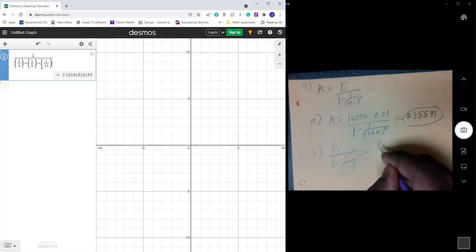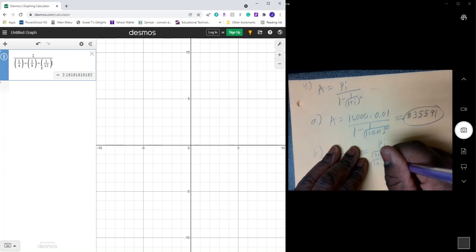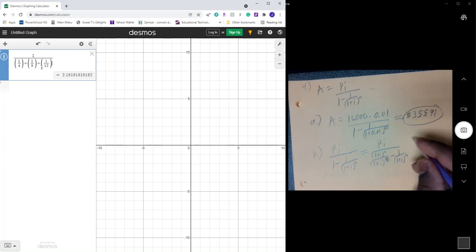So what we could do, we can make this 1 plus i to the n over 1 plus i to the n, minus 1 over 1 plus i to the n. So when we do this here, this will give us Pi all over 1 plus i to the n minus 1 over 1 plus i to the n.